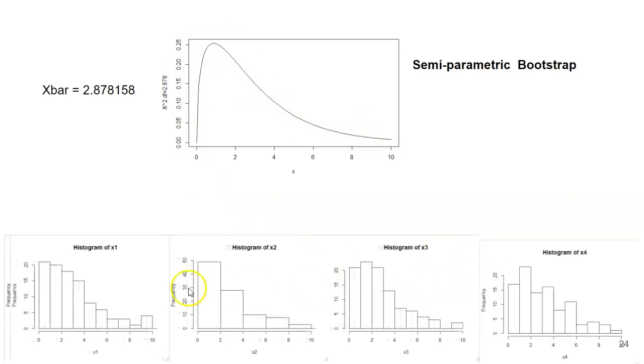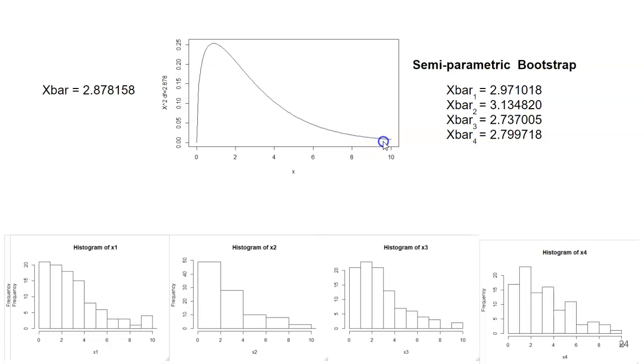And then again, we pull 4 data sets out of here from the distribution, not necessarily from the data. That gives us different estimates. Why might this be better? If it really is chi-squared, then yeah, this is going to give us better estimates. If, of course, it's not chi-squared, then you're going to have problems because you're making assumptions that aren't true. But it's really smoothing over the data you saw before.